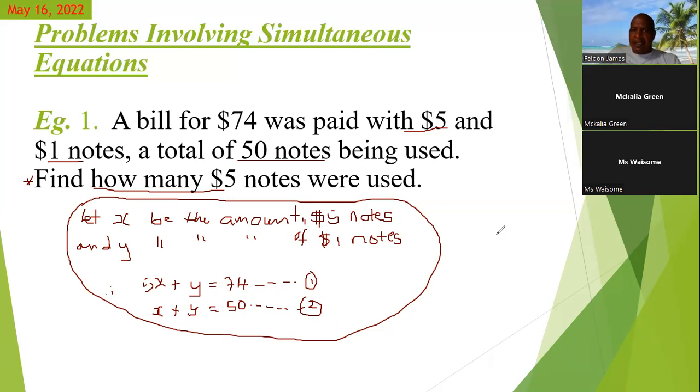Is that clear, Ms. Green? Yes, sir. All right, so that's what we did here by saying to our reader or the examiner what we're using for the amount of x notes and for the amount of y notes.